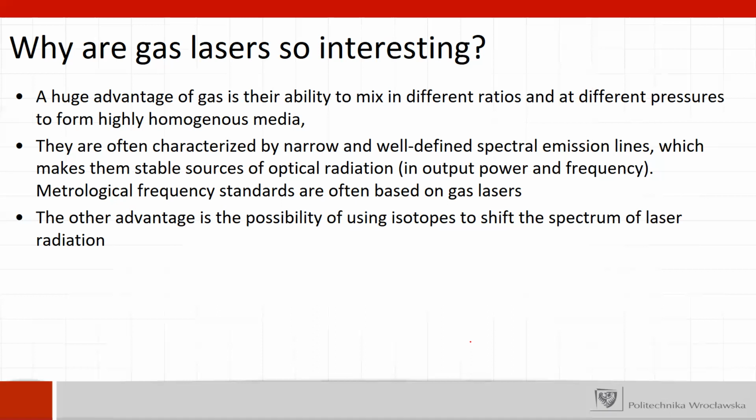Nevertheless, they are still used, still developed and still manufactured, probably for the main reason that they are very stable. They have a very narrow and well-defined emission line, and they have an extremely long lifetime.